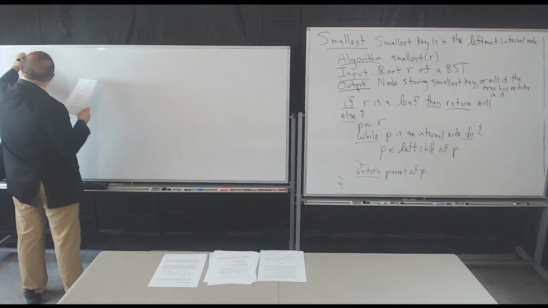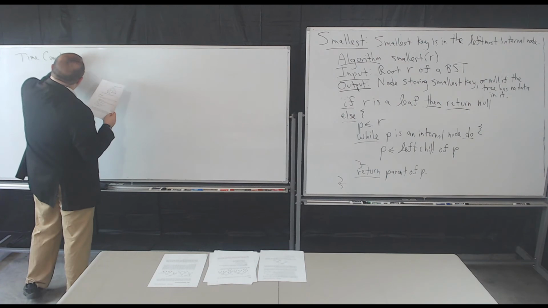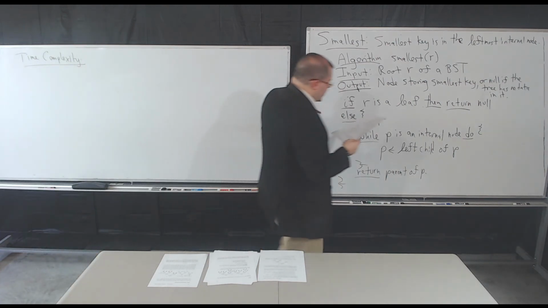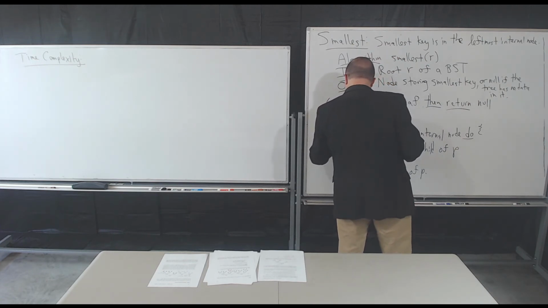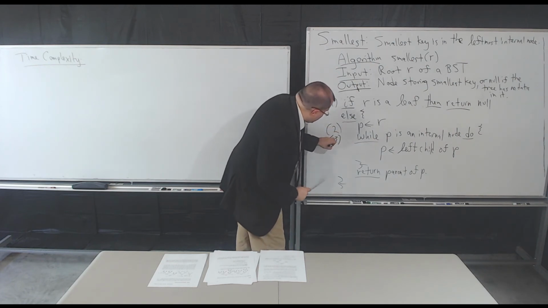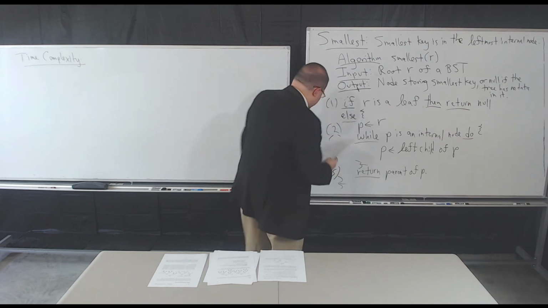So let's consider the time complexity of smallest. So let's number the lines here. 1, 2, 3, 4, and 5. So I have 5 lines.